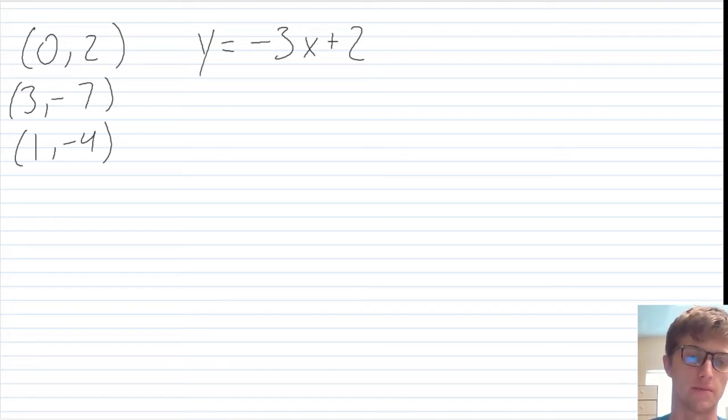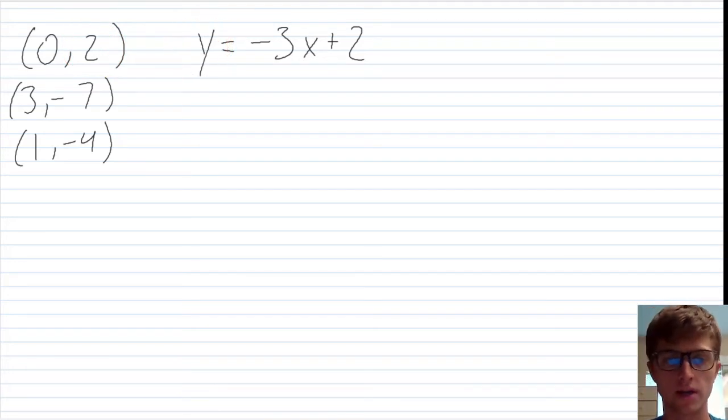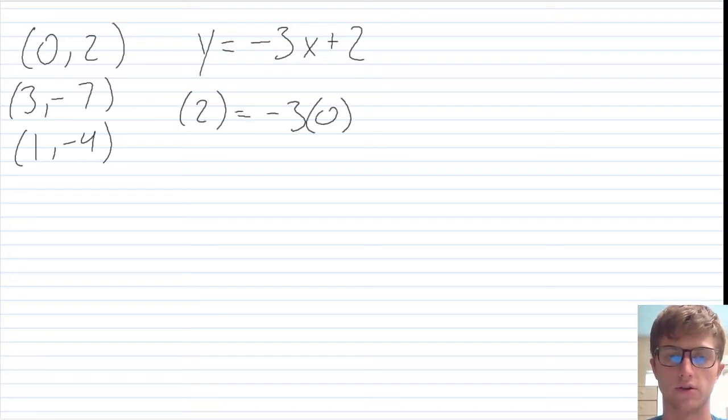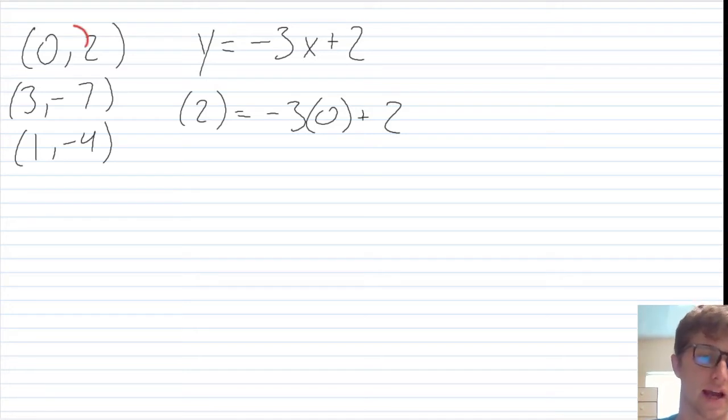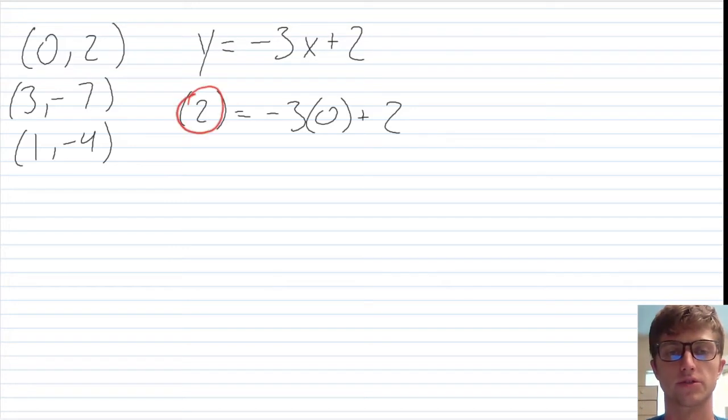Remember that our first number represents our x-axis, so x is equal to 0 in this case, and 2 is a part of our y-axis, so y is 2. We're going to do some substitution. Instead of writing y, we write 2, and instead of writing x, we write 0. We're doing nothing fancy. We just know that our ordered pairs represent x and y values on our axes, so we can do some substitution here.